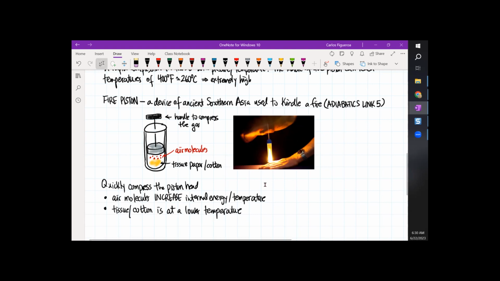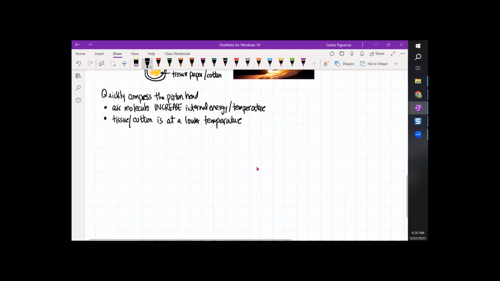As a consequence, what are you going to do? You're going to transfer kinetic energy from high to low, to the tissue cotton.